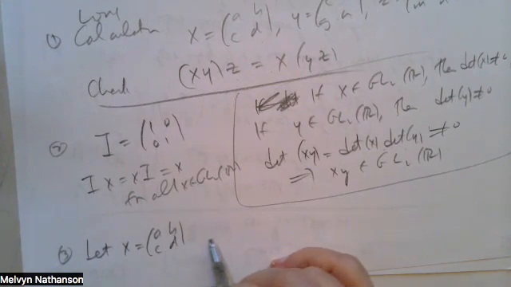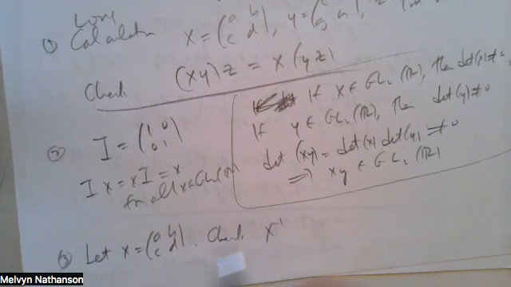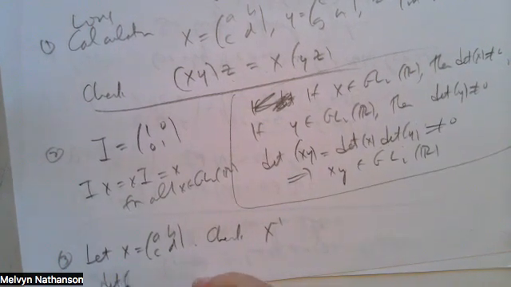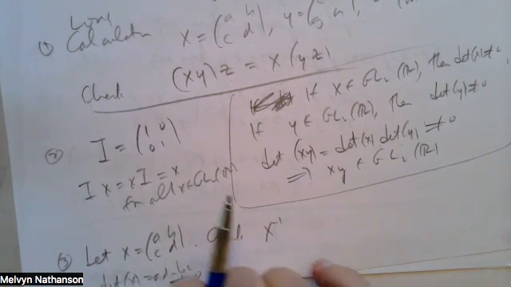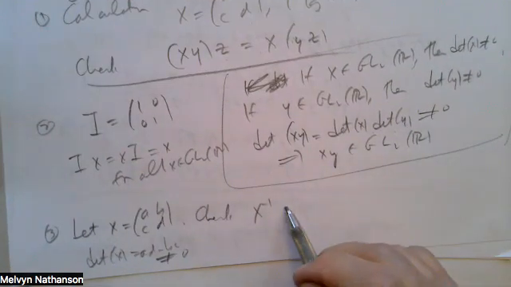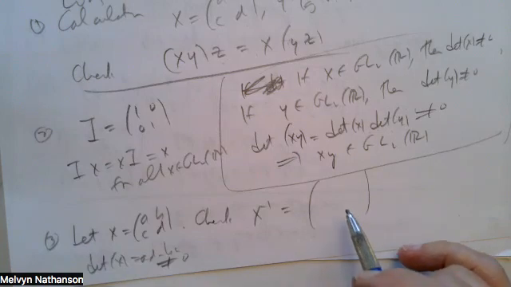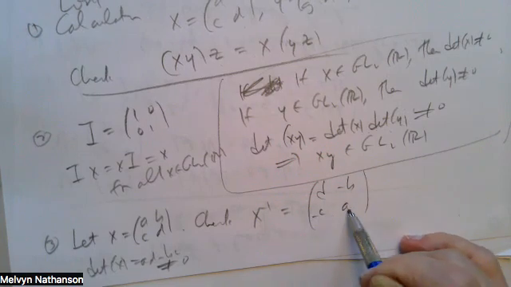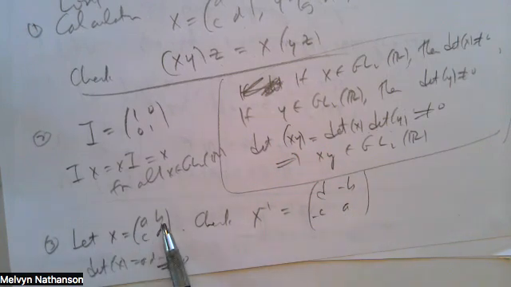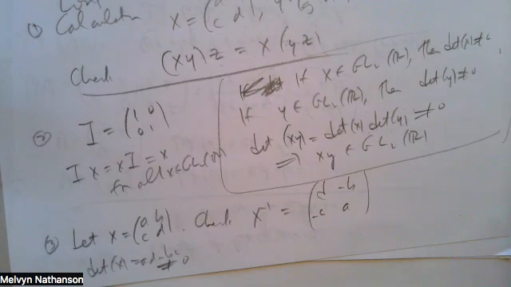If X is A, B, C, D, you can check that X inverse exists. In this case, the determinant of X, AD minus BC, is not 0, so you can divide by it. In high school algebra or linear algebra, you learn that if I take D, minus B, minus C, A, and multiply these two matrices together, I get almost the identity.